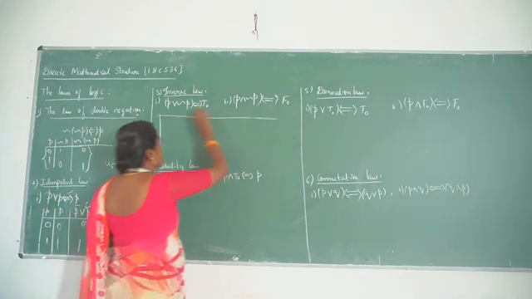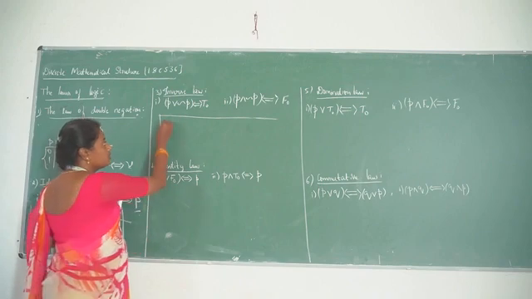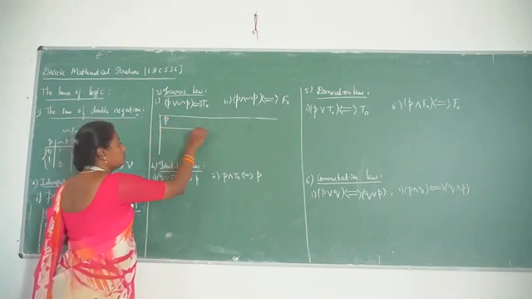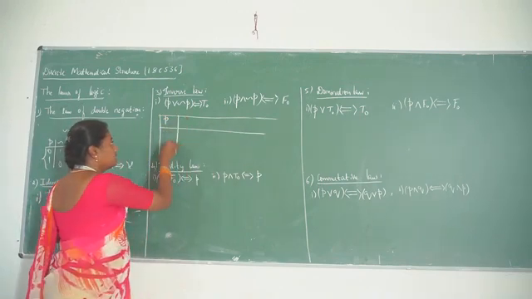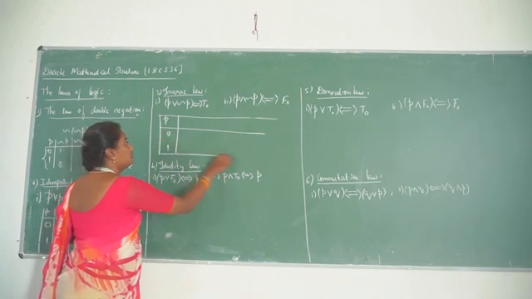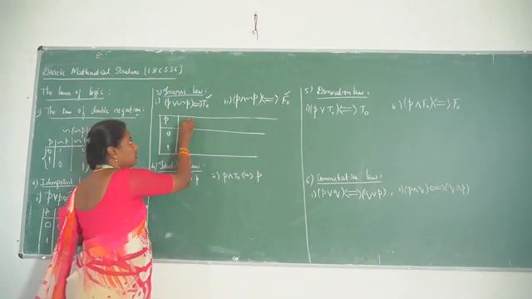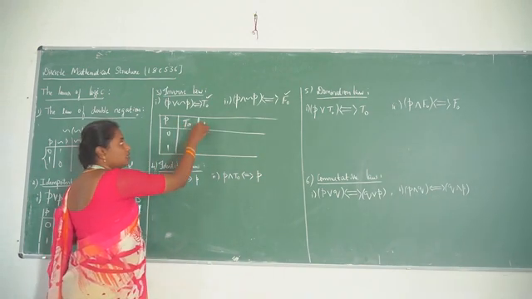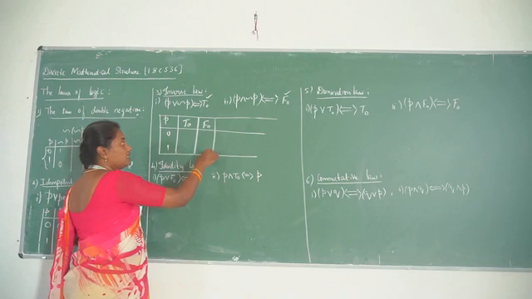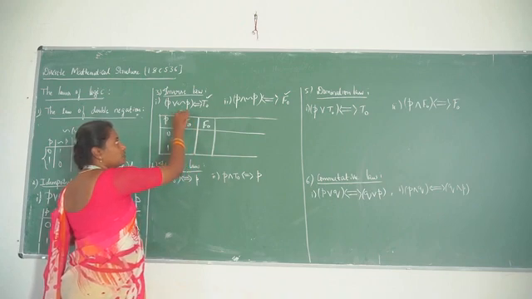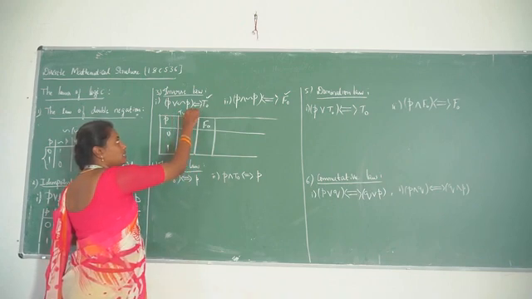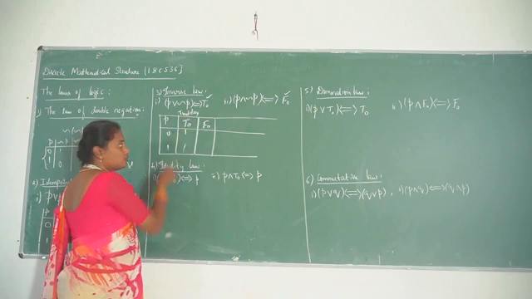So again we have a single proposition and two rows, so P 0 1, and two more columns are required here, that is T naught, a true statement, and F naught, a false statement. So T naught represents a tautology, that means it must contain all true values.